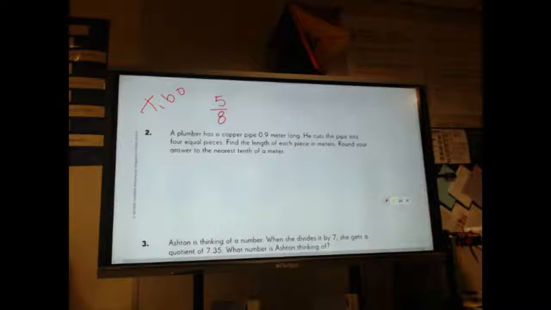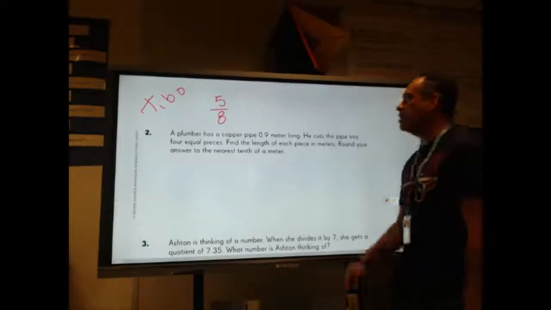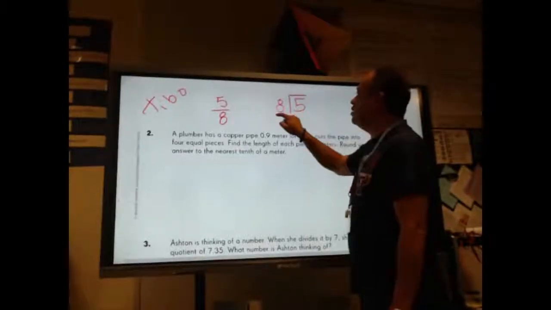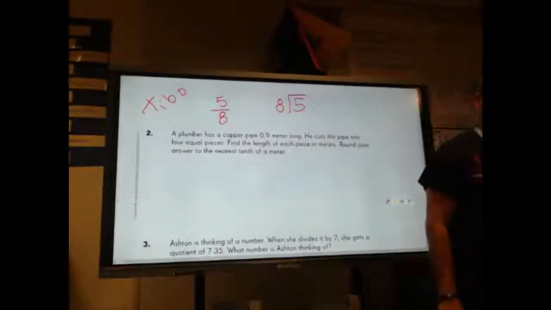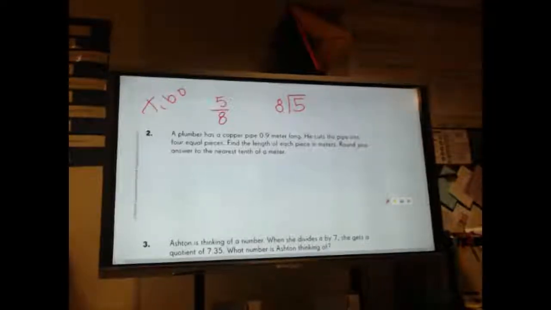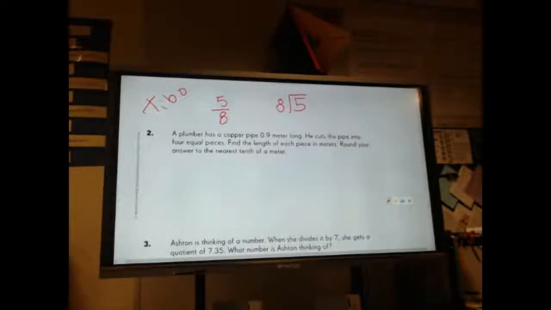So what Chelsea said, we're going to divide the numerator by the denominator. You remember that? Okay, perfect. So we know what to do, right? So Miranda, what do I need to do? Beautiful, good job. Did everybody hear that?